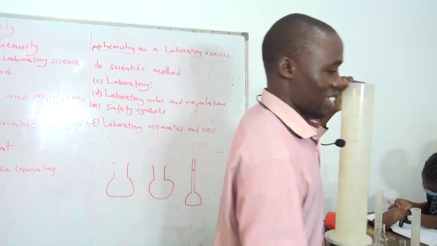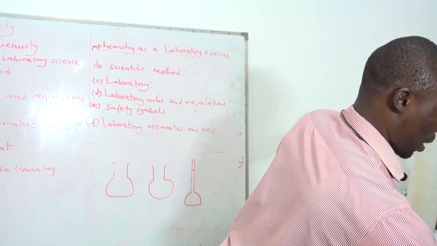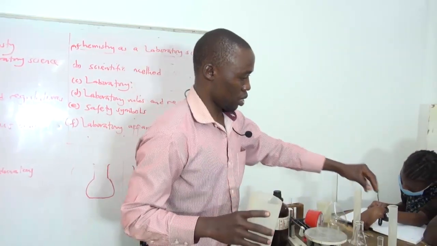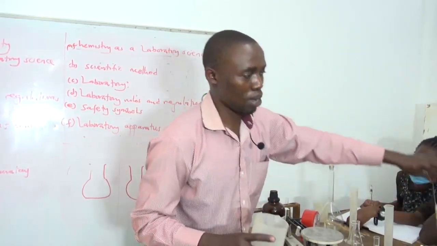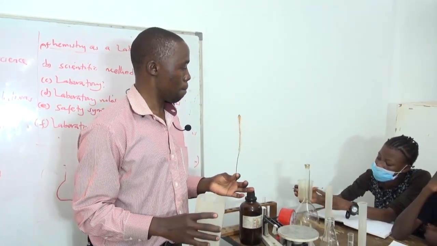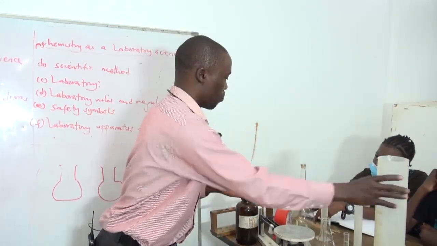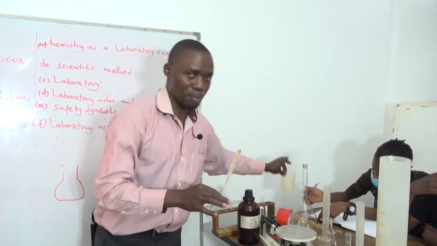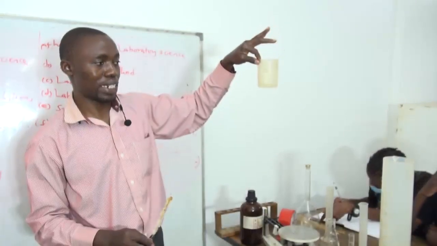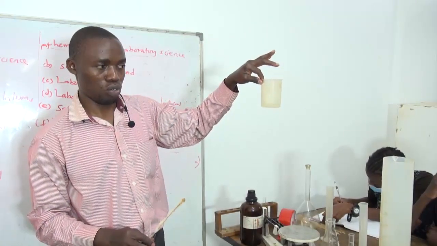Okay. Now let us go ahead to pick another apparatus. Approximate volume is also here. Thank you very much. A beaker also does not measure volume accurately, it approximates volumes. Clear?